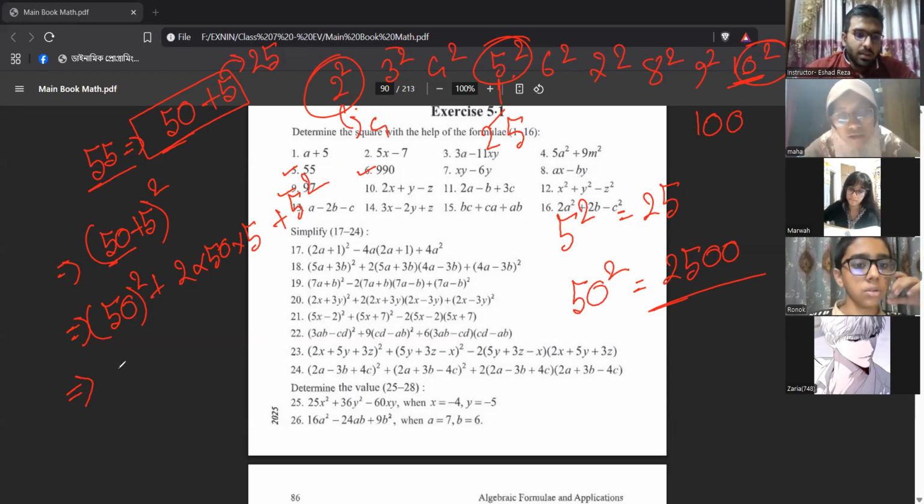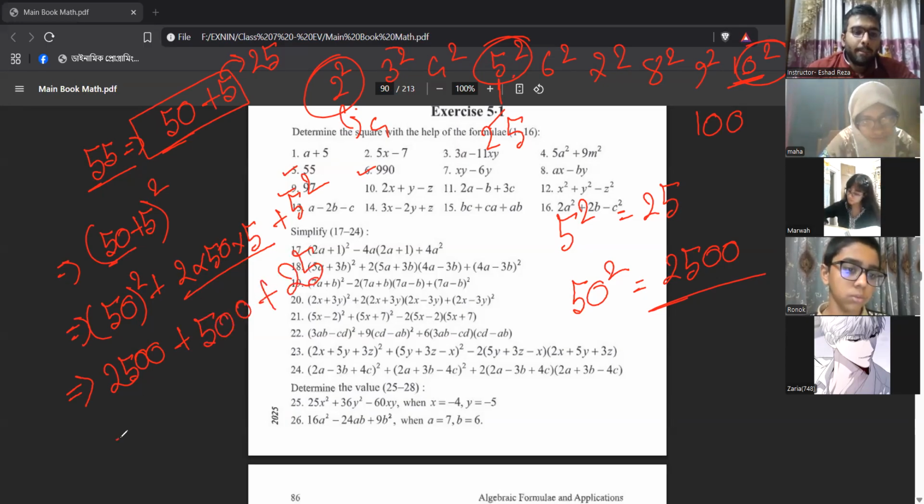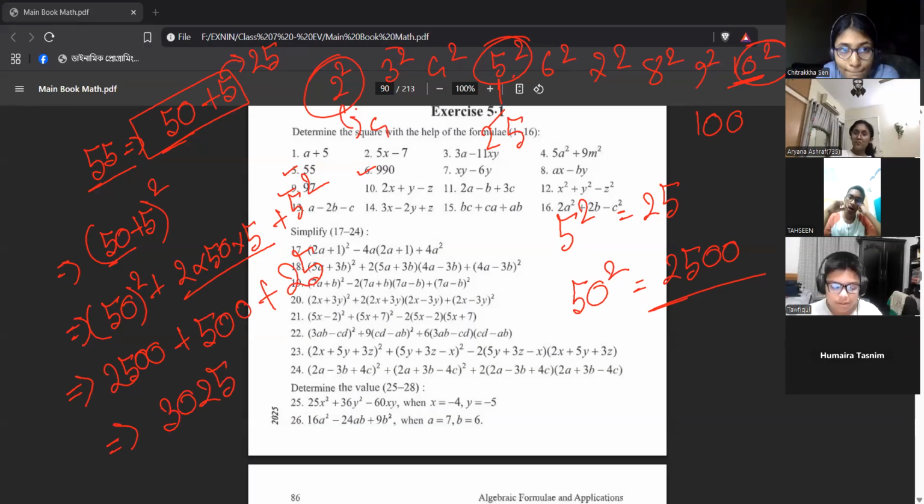Exactly. We just count the zeros and put them. Exactly. So again, this part is also becoming very pretty. 50 into 2 is 100, and 100 into 5 is 500. And then 5 square is just 25. So what's the answer to this? It's just 3025.